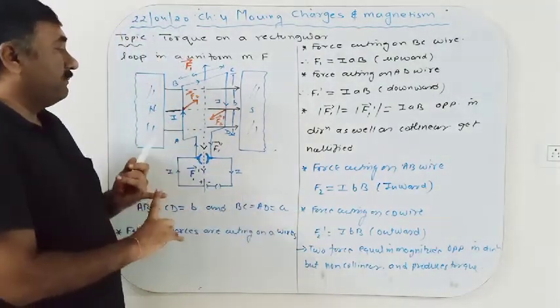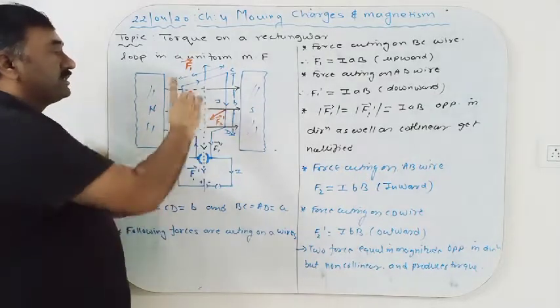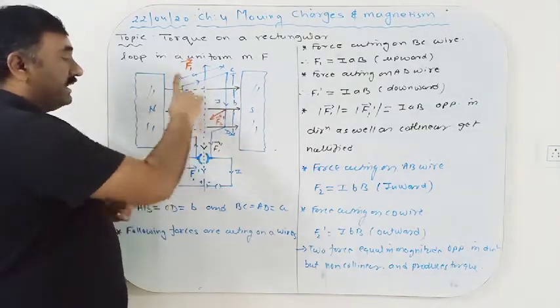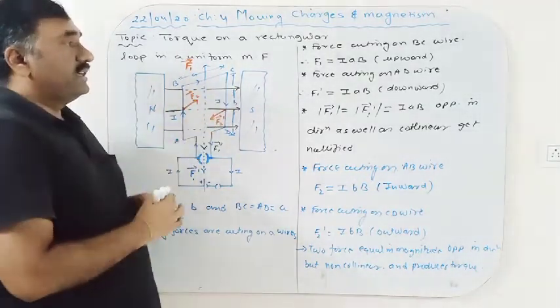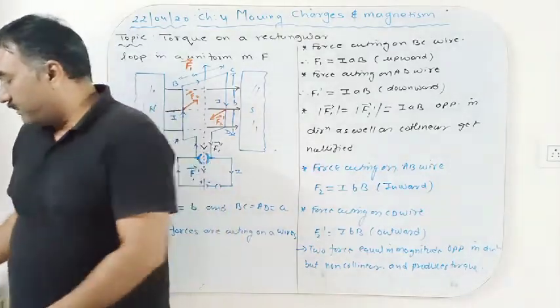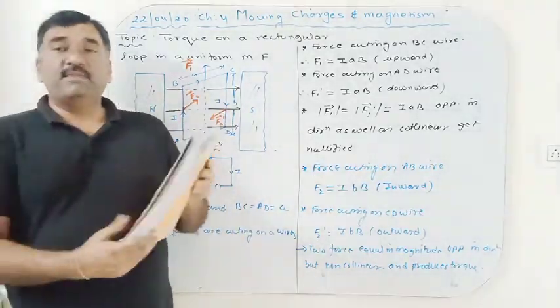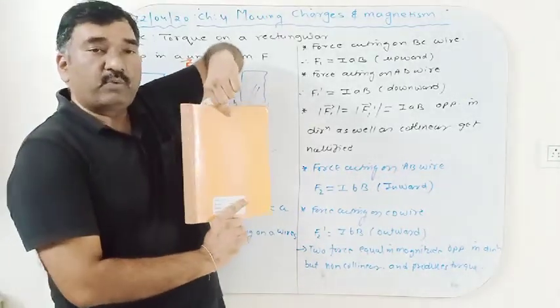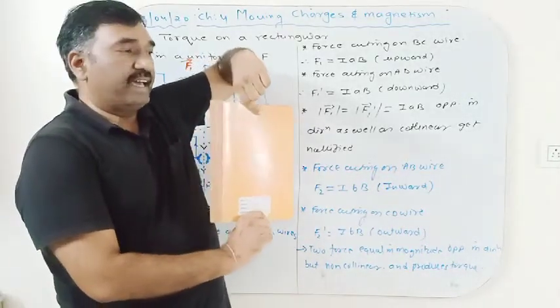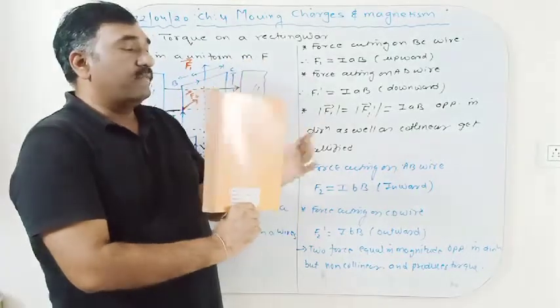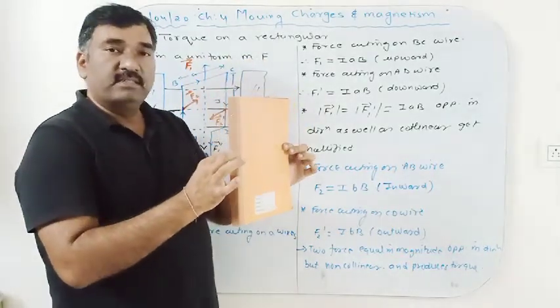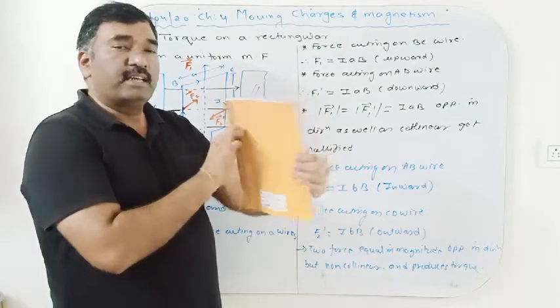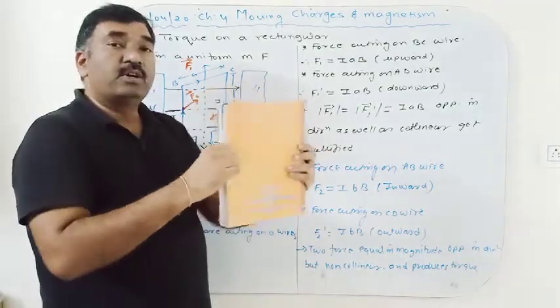So we have discussed four forces: the force acting on the BC wire, AD wire, AB and CD. If I take our physics textbook as a rectangular coil, the forces acting upward and downward are equal in magnitude but opposite in direction, and they get nullified. But when you apply force on the other two sides, one inward and one outward, then this book will rotate.